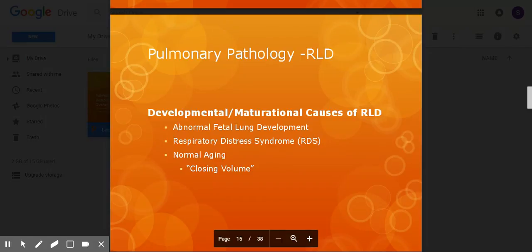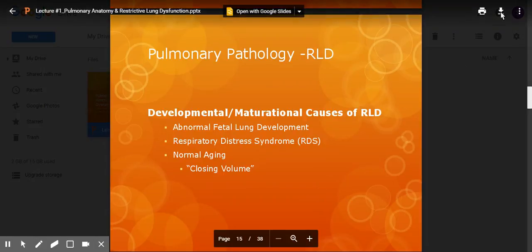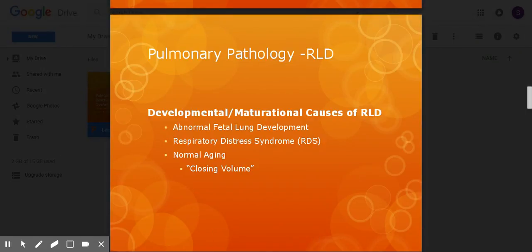Along with aging, we see a concept known as closing volume. Closing volume is the concept of at what point the air stops freely leaving the lungs, related to passive air exchange with expiration.